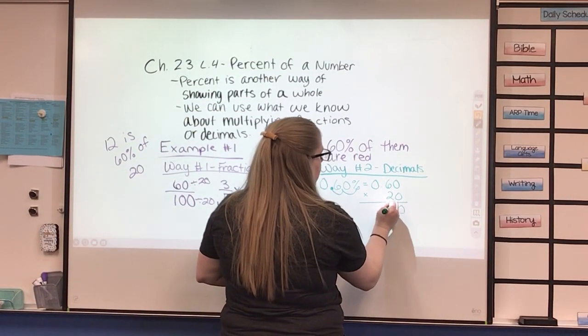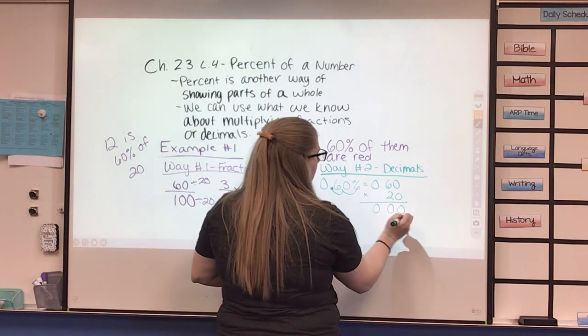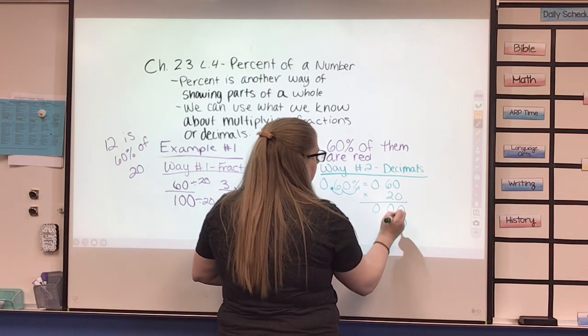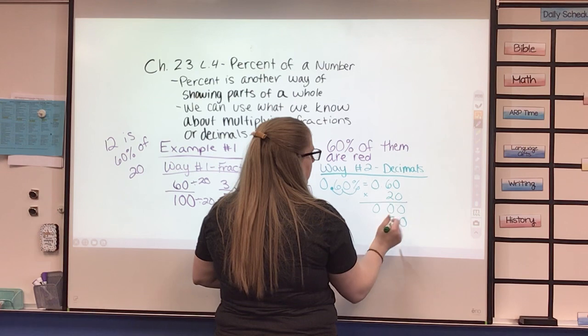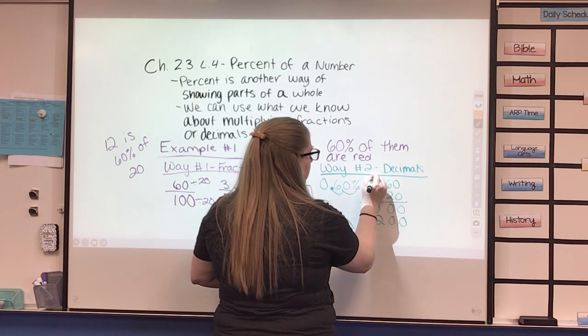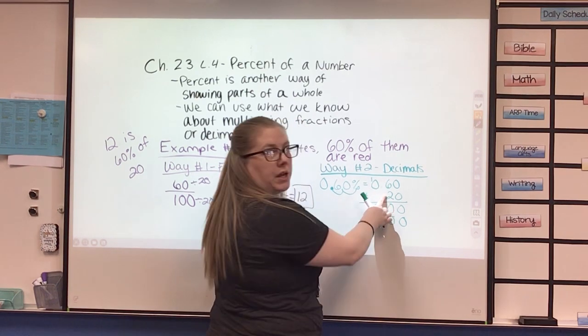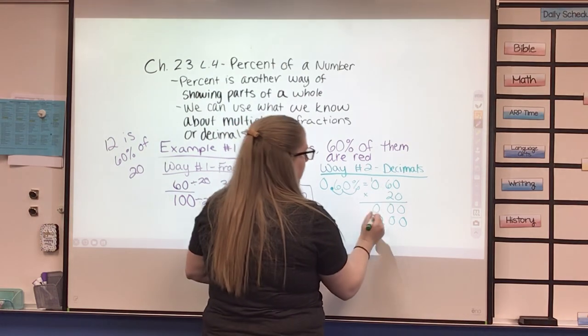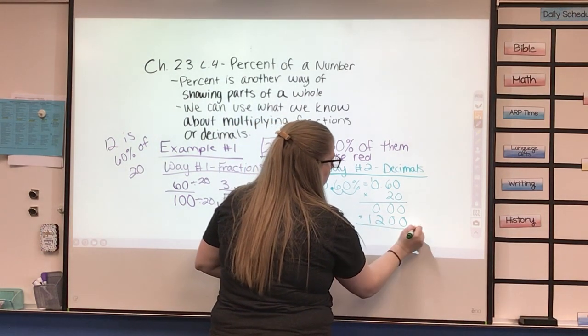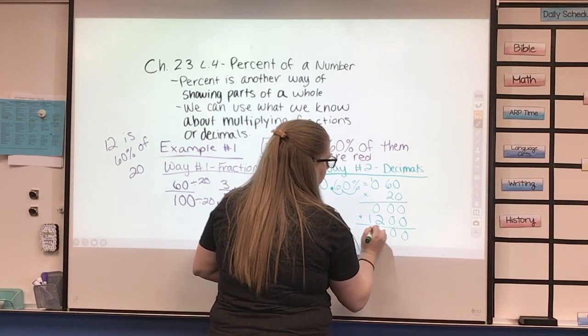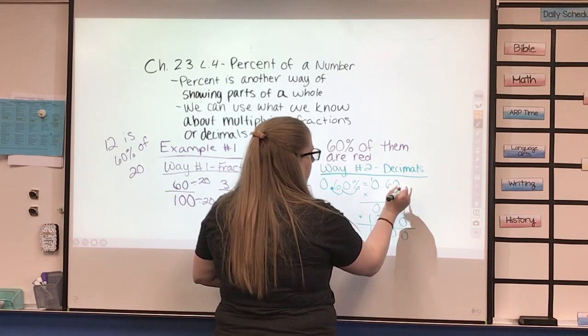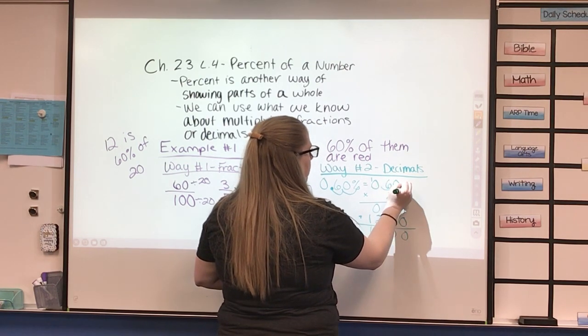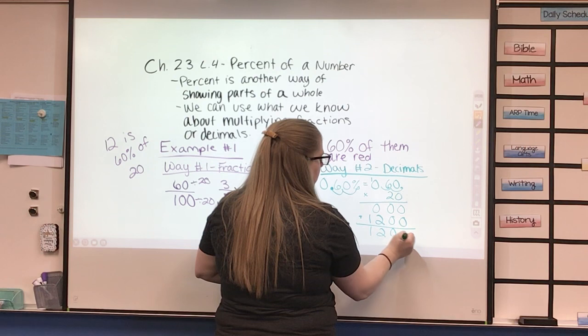0, 0, 0, placeholder, 0. 6 times 2 is 12. Carry my 1. 0 times 2 is 0 plus 1 is 1. 0, 0, 2. And remember, if I have gone swoop this way, then I need to go swoop this way.